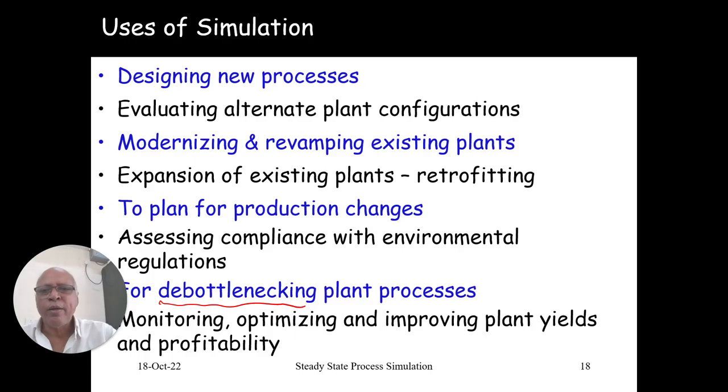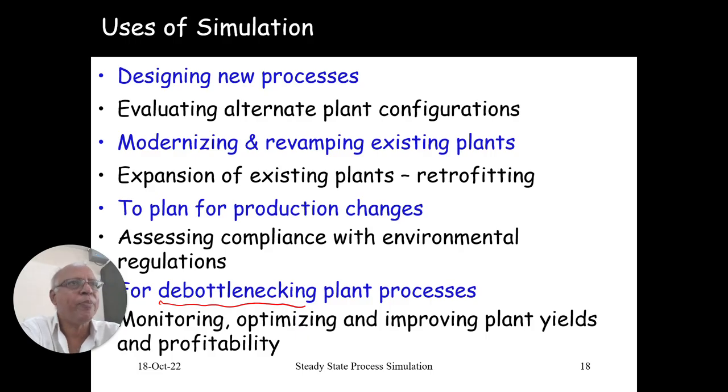In the same way, you will be able to look at other things. For example, there is a new technology available which was not available when you designed the equipment and operated the process. For example, the separation column can be replaced with maybe a membrane unit. A new membrane has been designed. Now it may be more effective.